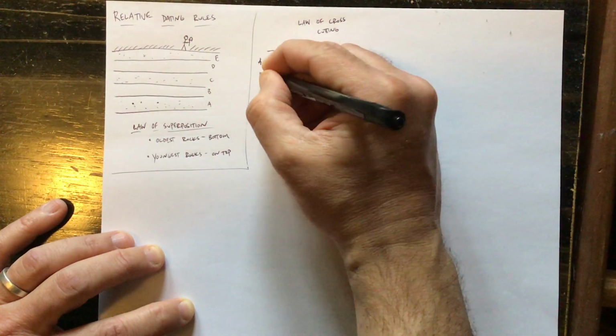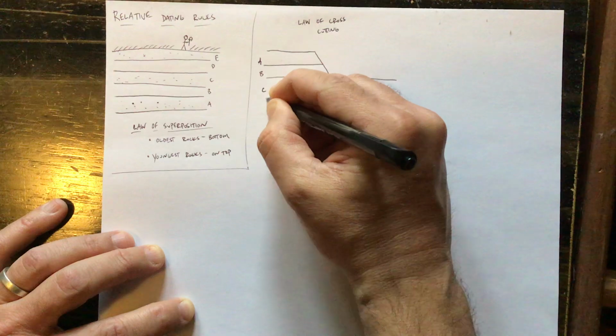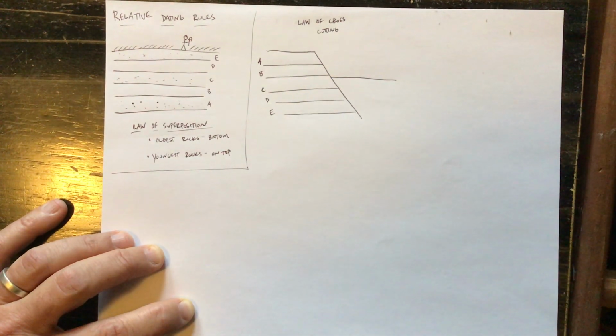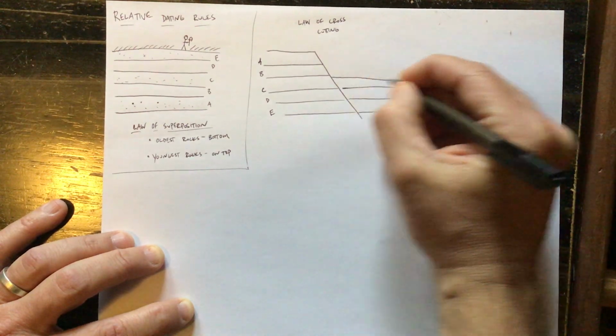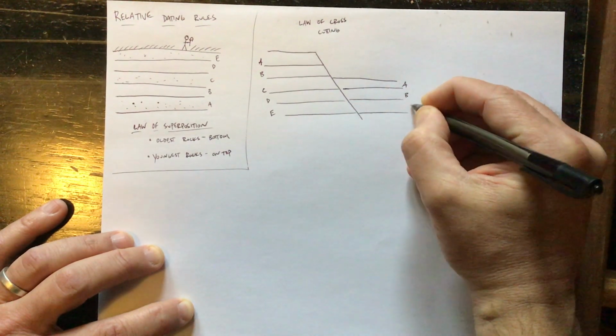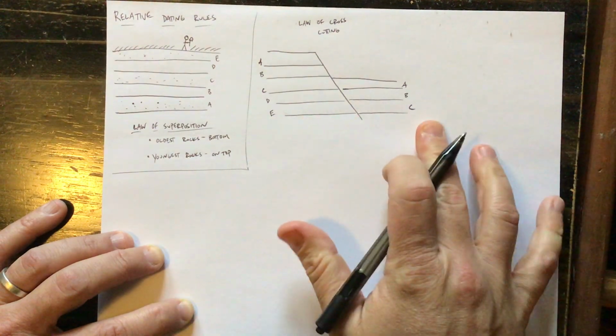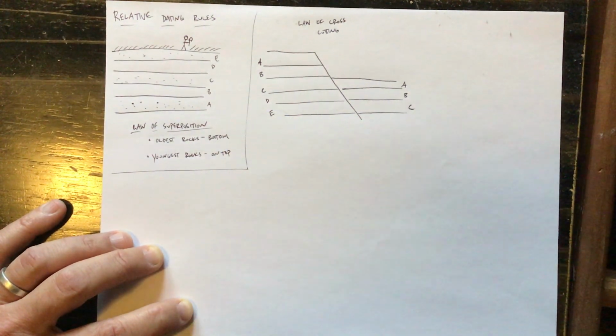Like, let's say this is layer A, this is layer B, this is layer C, this is layer D, this is layer E. And then this is also layer A, this is layer B, this is layer C. And then maybe on the picture, layers D and E are cut off.